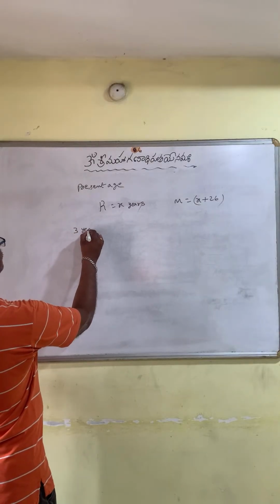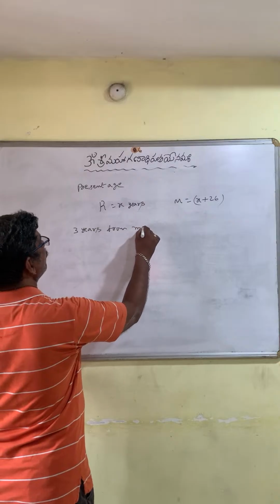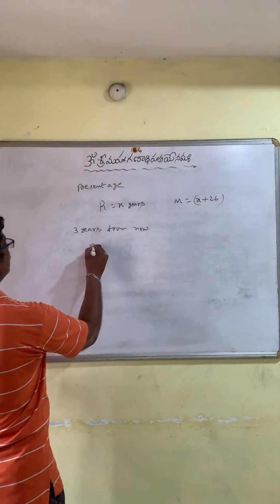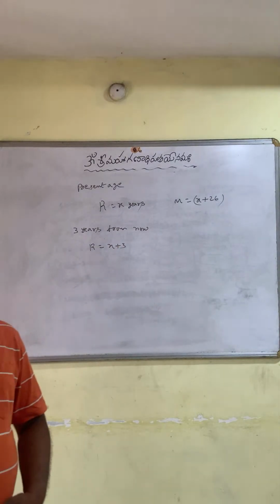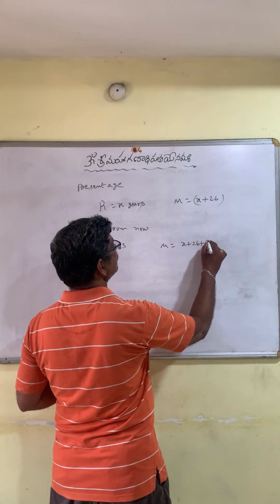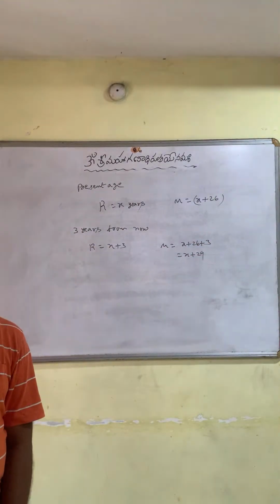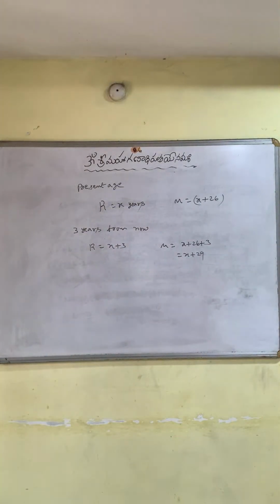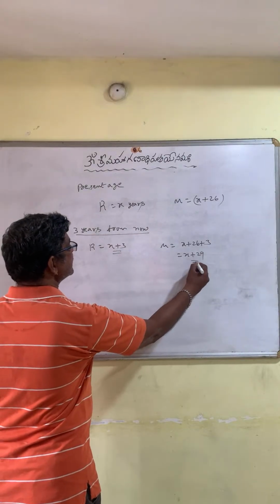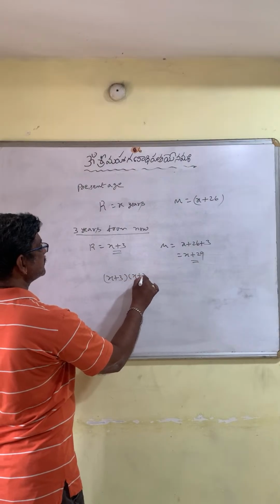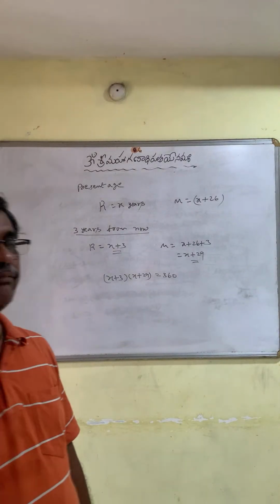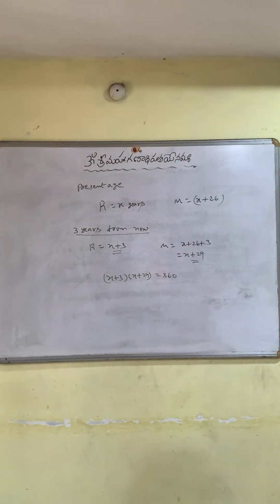Now what does he say? 3 years from now, Rohan becomes x plus 3 years, and his mother becomes x plus 29 years. 3 years from now, the product of their ages is 360.